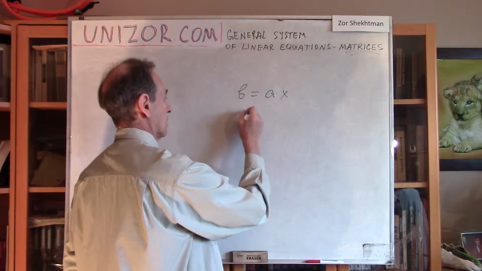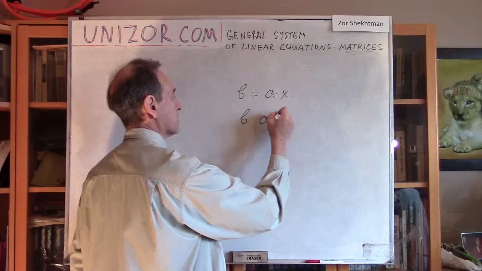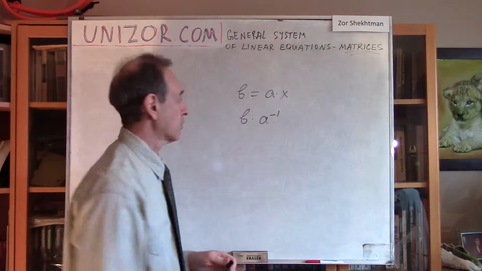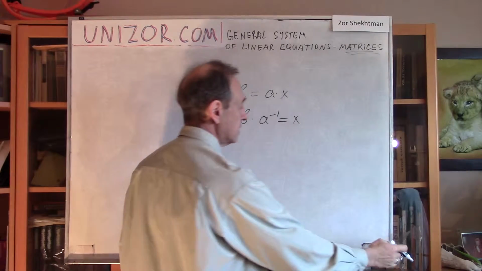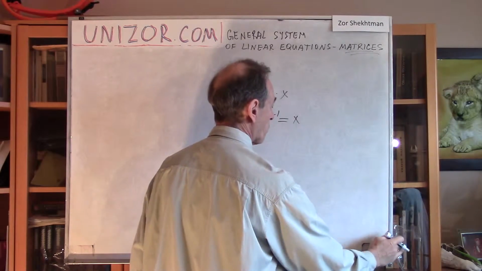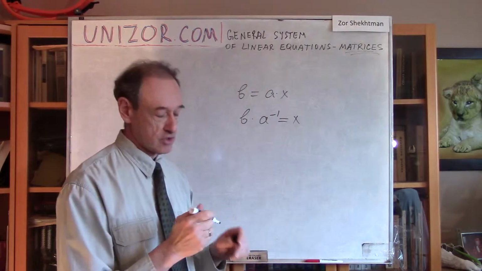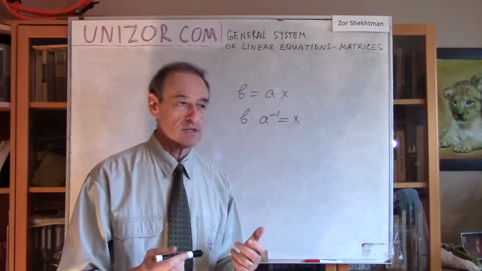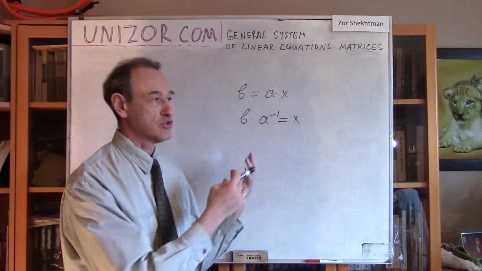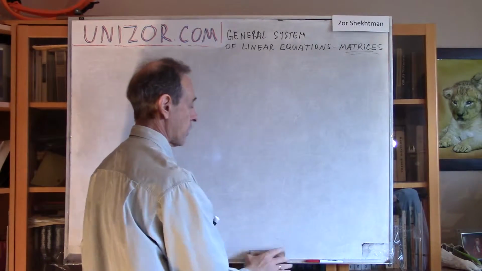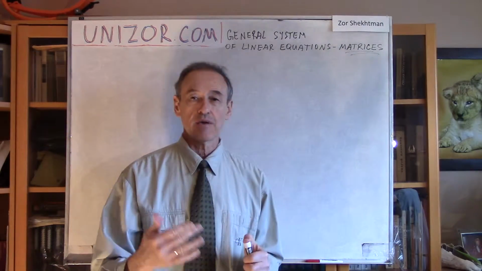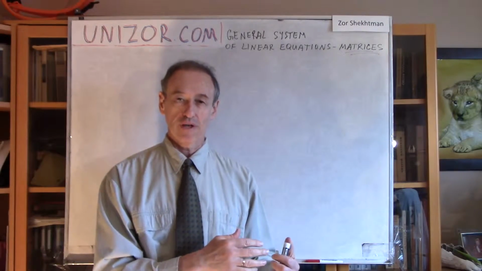So b times a to the minus 1, which is 1 over a, that's the x. So this is the way you solve one single linear equation. And the matrices allow you to approach the solution to a system of linear equations in relatively the same way, and that's what I'm going to show you today.